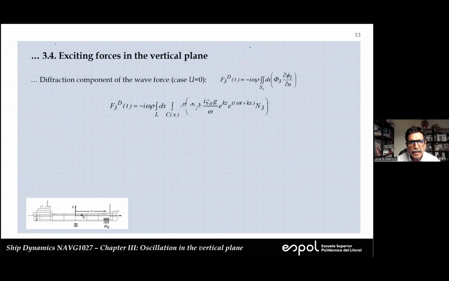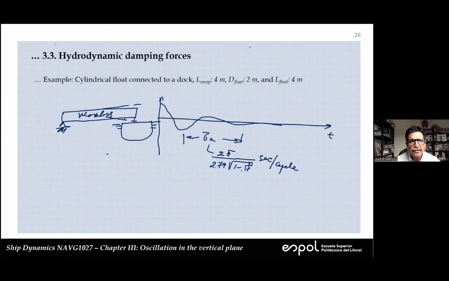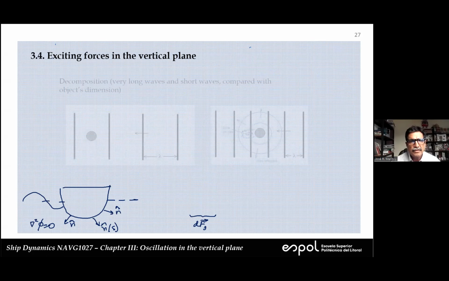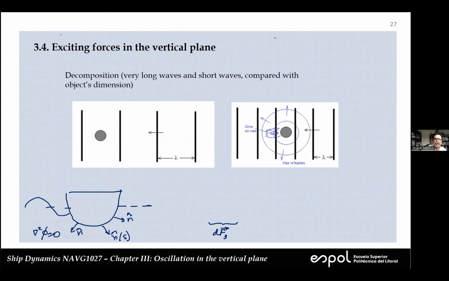So this is, I think, what we saw. Let's go back. Let's review this full 3-4 subchapter. This idea is basic. It has to be in your mind. When we calculate excitation, we consider two, some people call them components. I don't know if you can call them components, but anyway, they are two extreme situations.